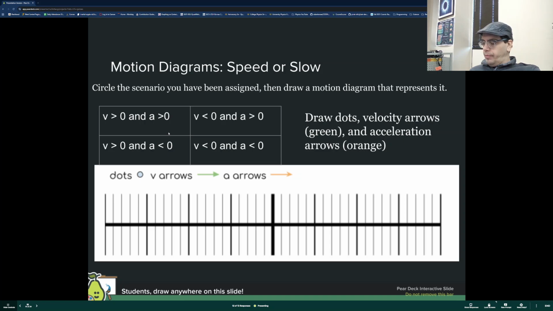I think if it's going this way, the acceleration is going this way. Okay, yeah. I think that makes sense.